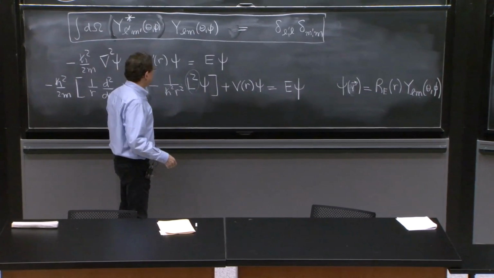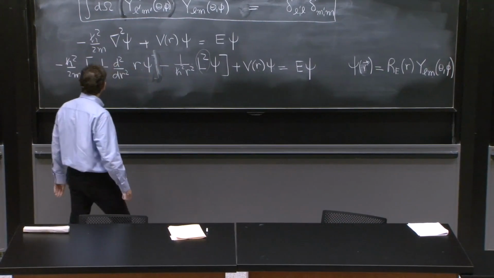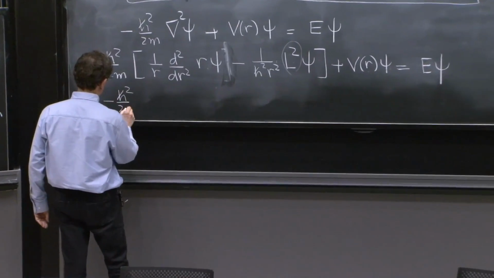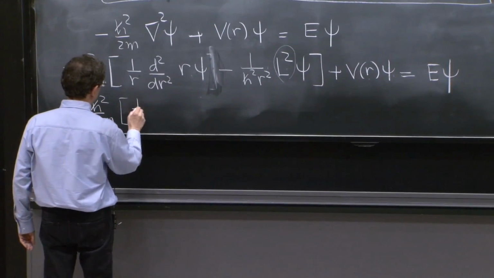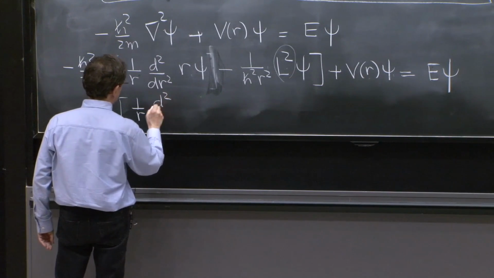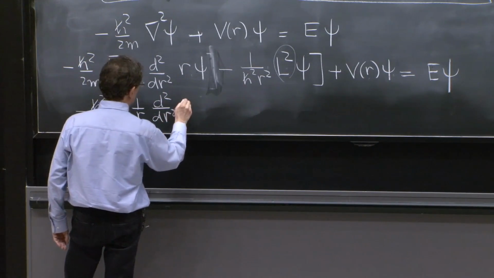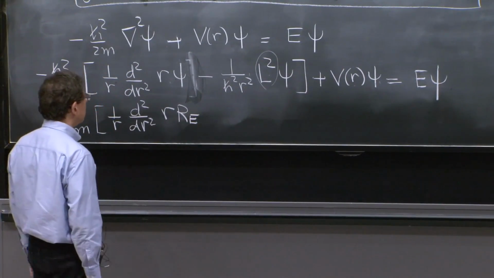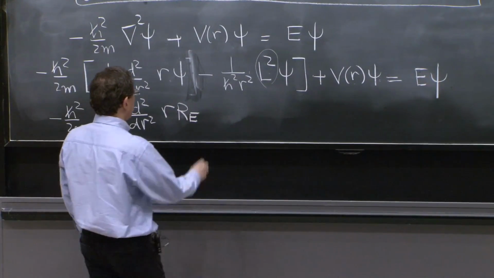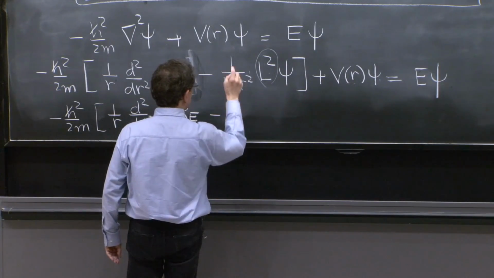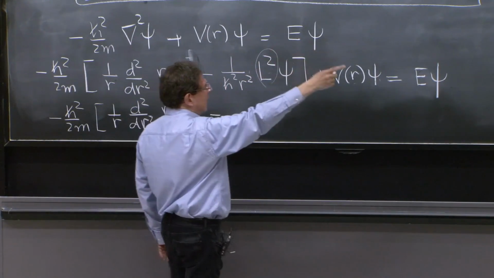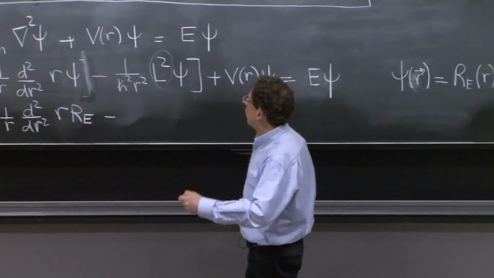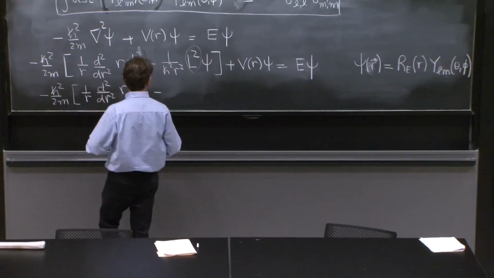And what do we get? Well, we get minus h-bar squared over 2m, 1 over r, d second dr squared, r R_E, minus L squared on psi_lm, or Y_LM now, is h-bar squared times l(l+1).